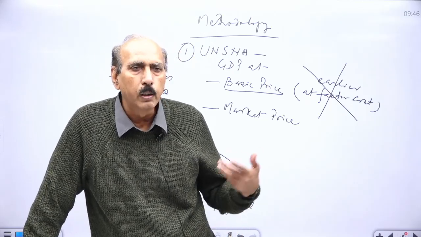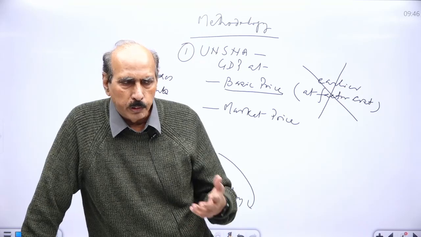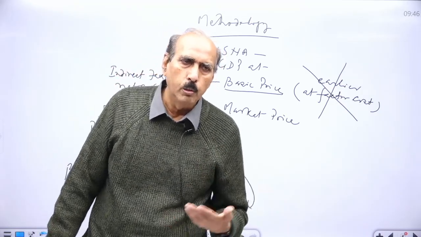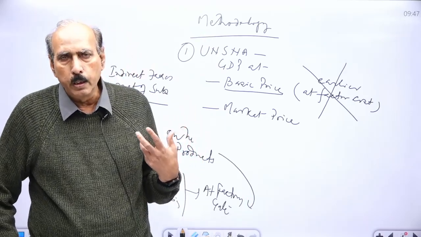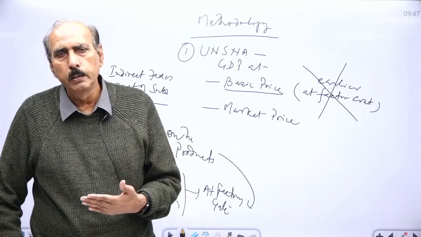Therefore, they are going for debt. That is the major problem of the states. Problem of central-state relations we'll do in fiscal economics. I'll explain to you how it happens. But here the important point is the estimation of GDP at basic price and market price.